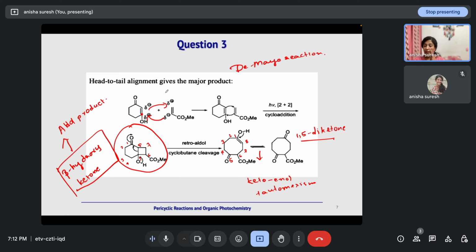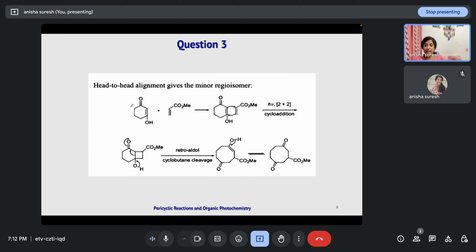Now there is a chance for head to head alignment as well, which will give the minor product. Here we are not considering the electronics. The 2 plus 2 cycloaddition will take place in this fashion, leading to formation of this intermediate. This is a beta hydroxy ketone. It will undergo a retroaldol reaction in this fashion, breaking this bond, and this 6-membered ring will expand into an 8-membered ring.